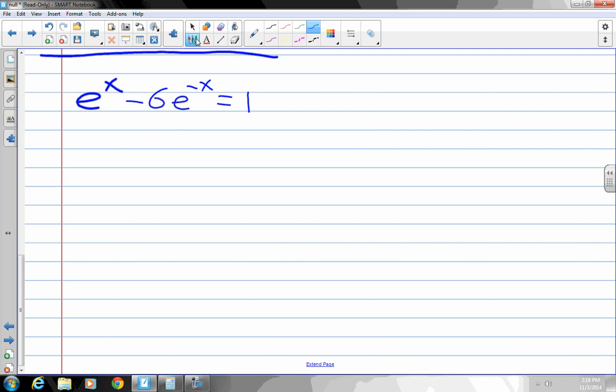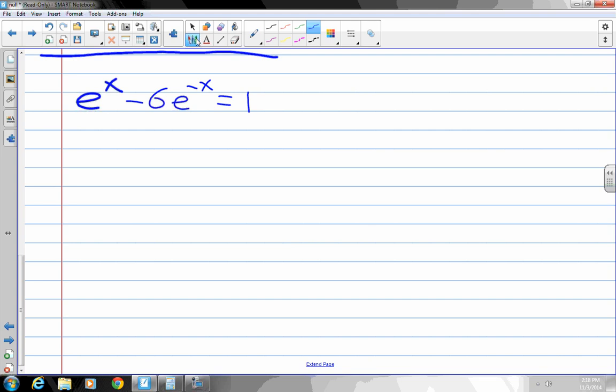So we haven't done anything like that yet. We have a sum or difference of exponentials and a constant on the other end. And then e to the negative x is throwing me off. What does it really mean, e to the negative x? What is the meaning of negative exponents?